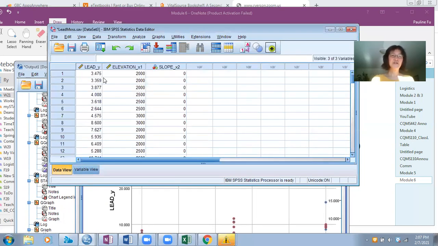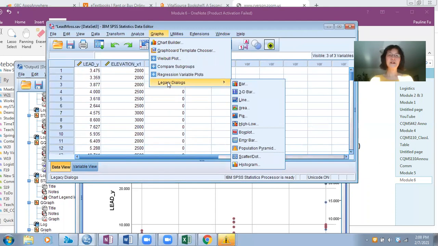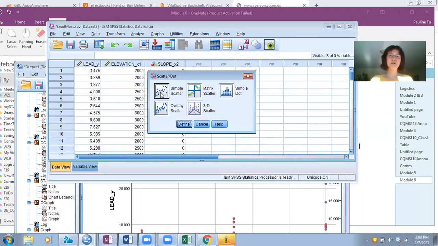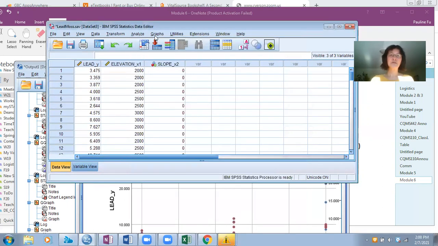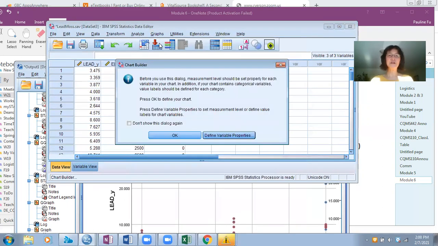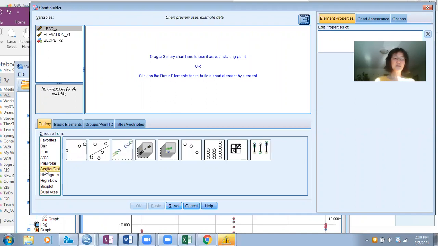So I completed the step. Another way to create a graph is you go to graph, legacy diagram, and then go to scatter plot. Just click this simple one, define. No, not this one here. So the other way you can go to graph, chart builder, and then you can select scatter plot, click and drag it here.